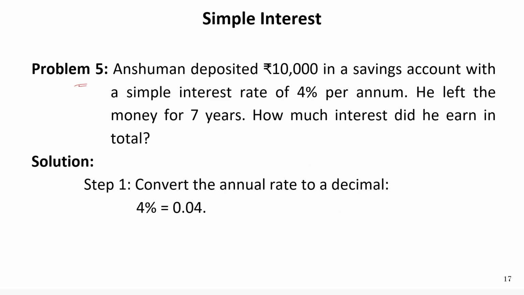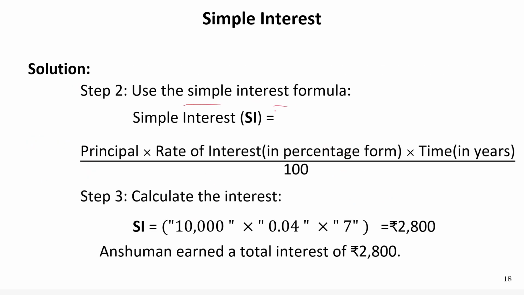So let's see problem number 5, step-by-step solution. Step 1 says convert the annual rate from percentage to decimal. So 4% is equal to 0.04. Using the simple interest formula, simple interest is equal to principal into rate of interest into time by 100 in percentage form, but SI is equal to PRT when R is in decimal form.